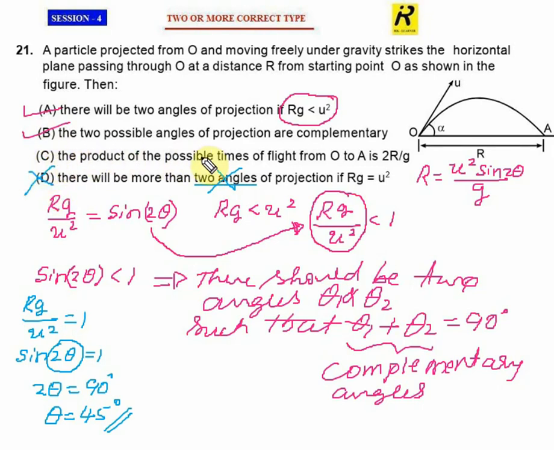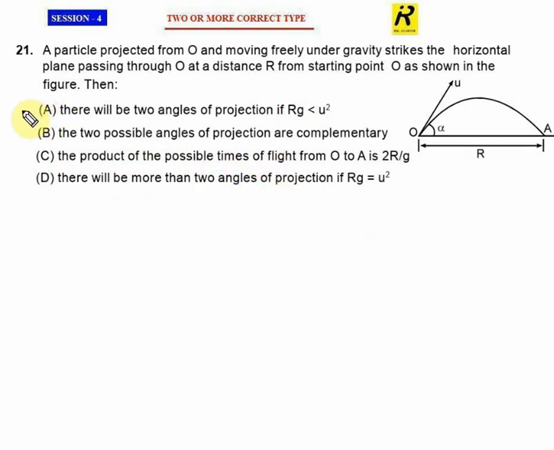The product of possible times of flight from O to A is this. So we have to think now about the product of the times of flight.